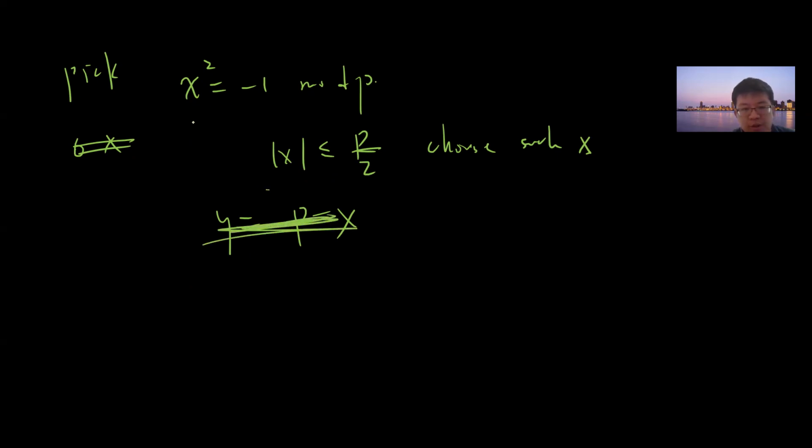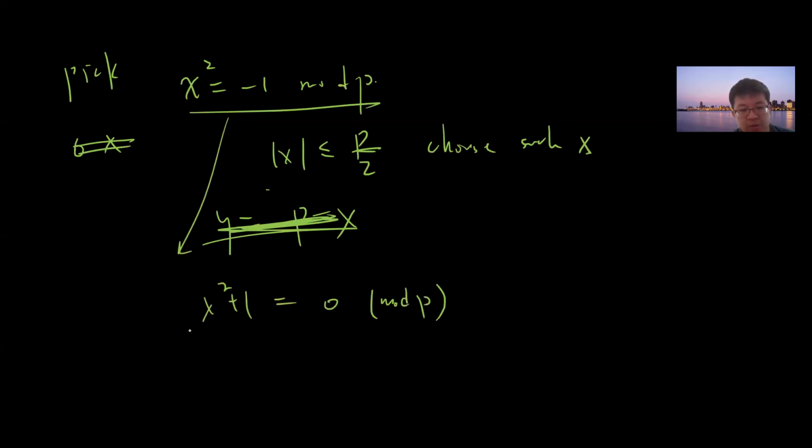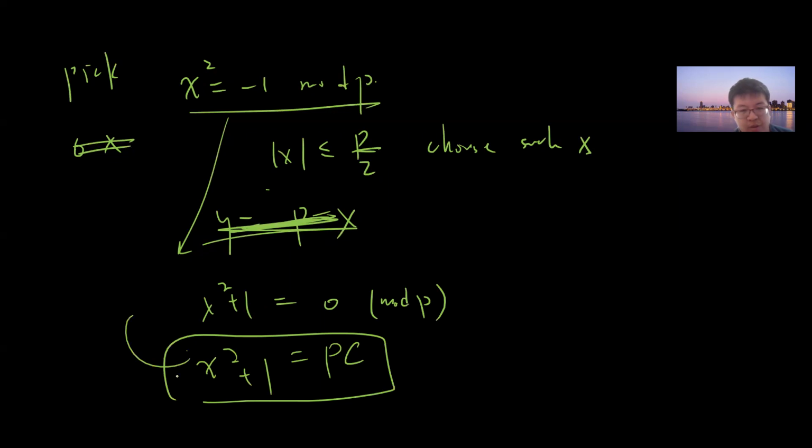So we just choose this, and then from here we get x squared plus 1 equals 0 mod P. So this is P times some c. So the remaining is to control this c, right? But I already restricted x to be less than P divided by 2. So that means P squared divided by 4 plus 1 equals Pc, right?